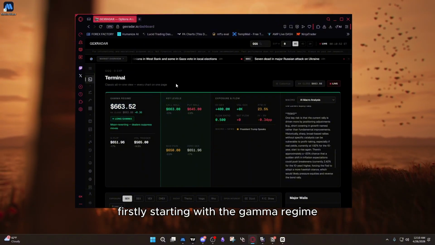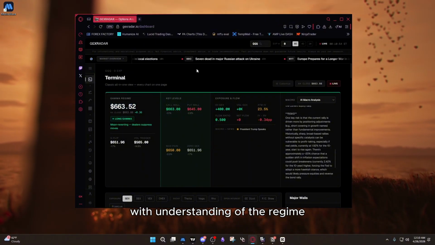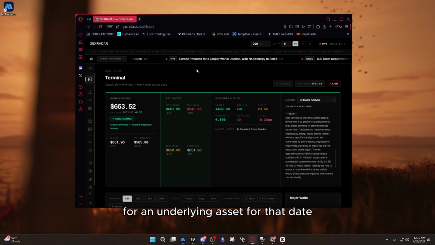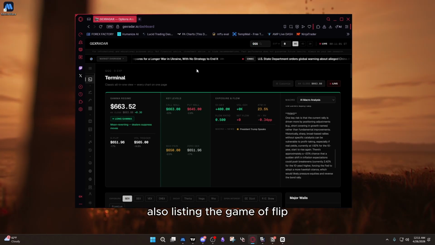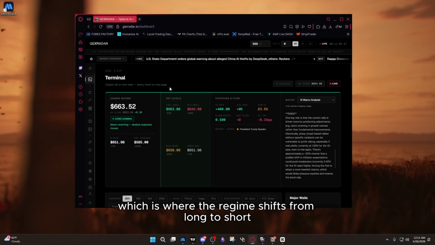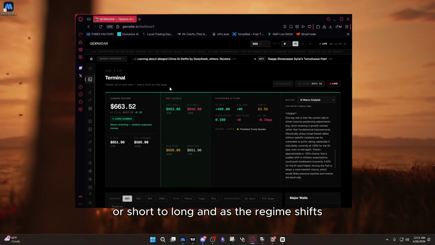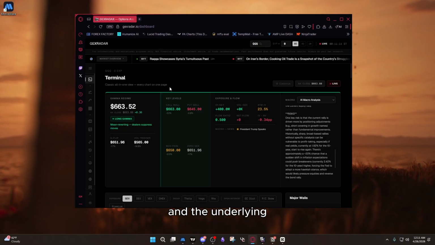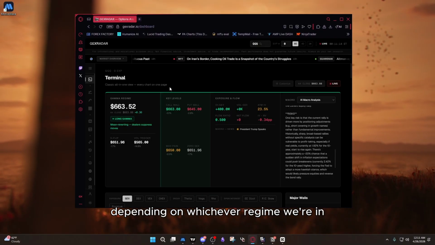Firstly, starting with the gamma regime. With the understanding of the regime, you can have an idea of the volatility for an underlying asset for that date. Also listing the gamma flip, which is where the regime shifts from long to short or short to long, and as the regime shifts, you can have an expectation on the volatility following the underlying, depending on whichever regime we're in.